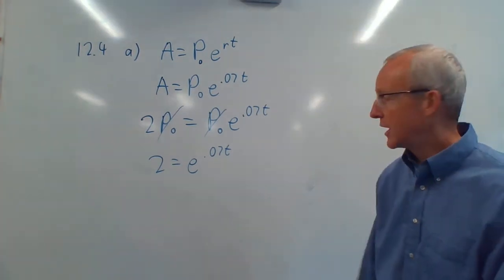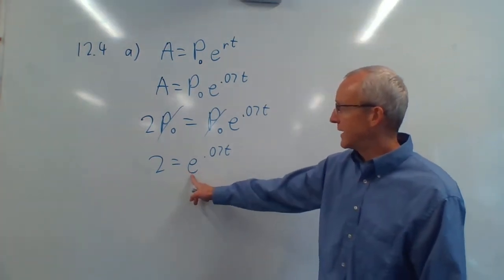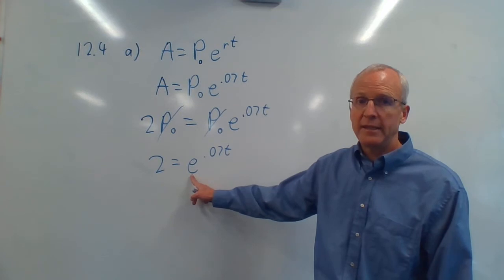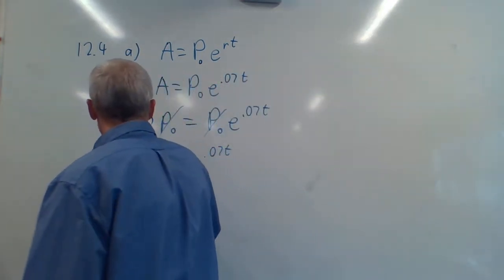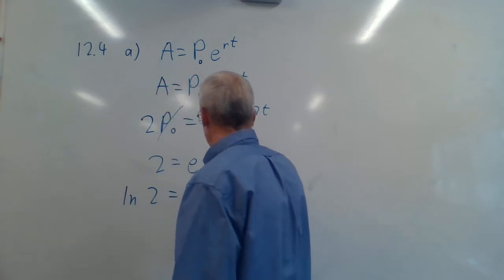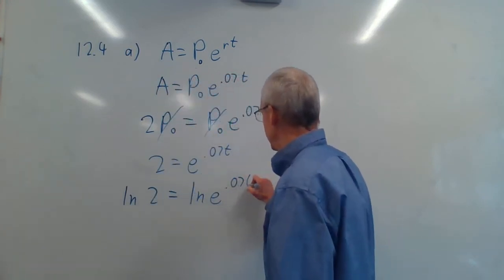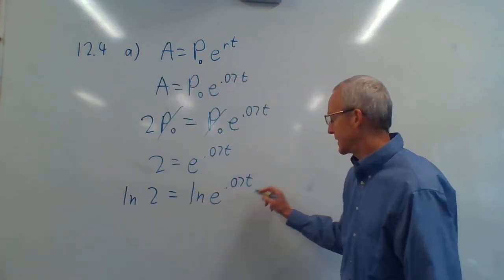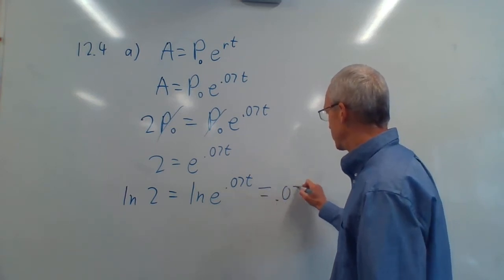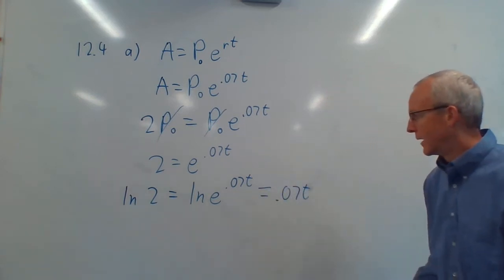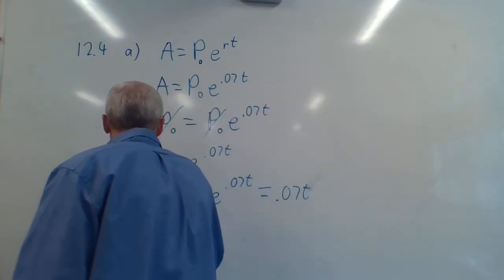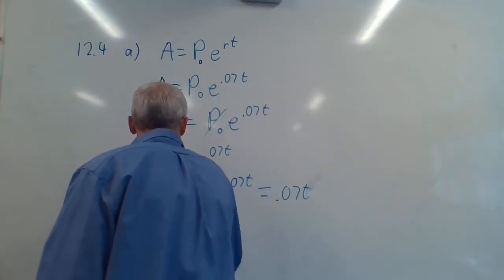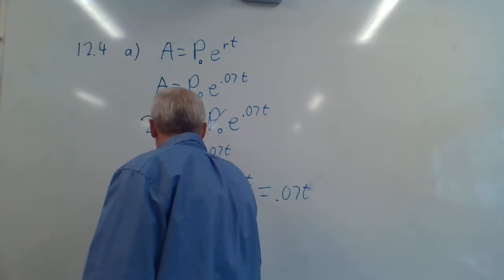I always like using the natural log, because ln cancels out the e. ln and e are inverse functions. So take the natural log of both sides: ln of 2 equals ln of e to the 0.07t. Again, ln and e cancel, so that's just 0.07t. Divide both sides by 0.07. So the doubling time is the natural log of 2 divided by 0.07.